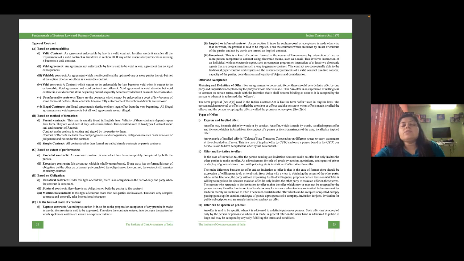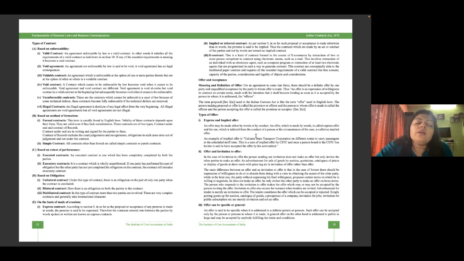A valid contract is where all the essentials are being met, and therefore it can be qualified as an agreement. Whereas a void agreement is either something which is void ab initio or which has become void by operation of law in due course of time.